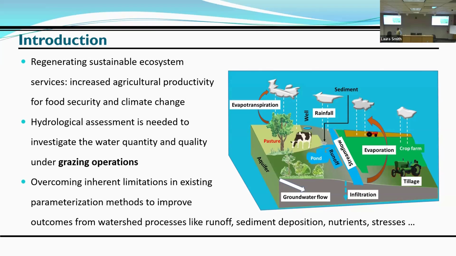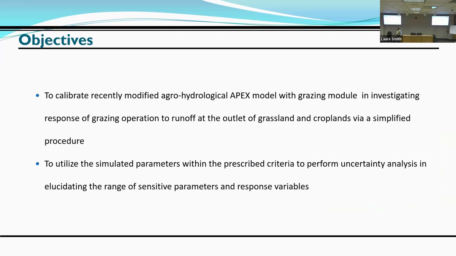And the objectives of this talk are to calibrate the recently modified agrohydrological APEX model with the grazing model, investigating the response of grazing operation on runoff at the outlet of grassland and cropland via a simplified procedure, and to utilize the simulated parameters within the prescribed criteria to perform uncertainty analysis, elucidating the range of sensitive parameters and response variables.